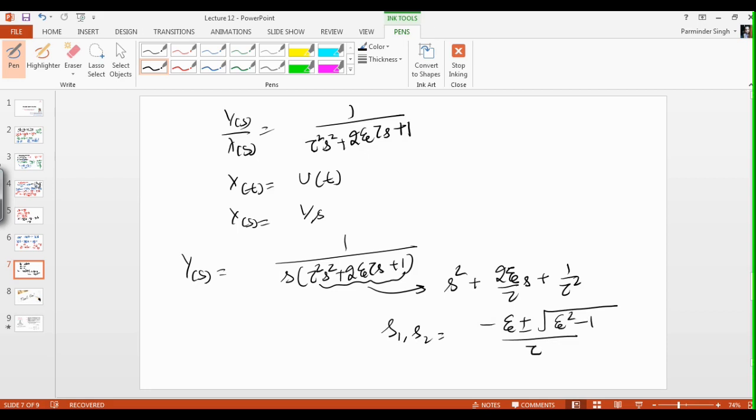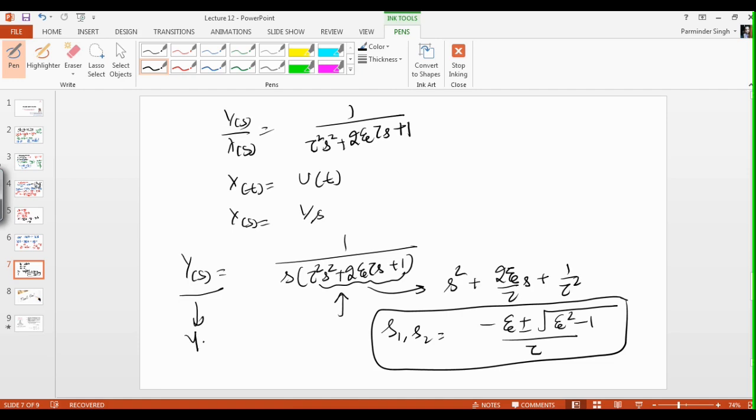So depending upon the value of zeta, we can categorize the roots as complex, real unequal, or real equal. So depending upon the roots of this second order system, the nature of the response of y(t) depends.